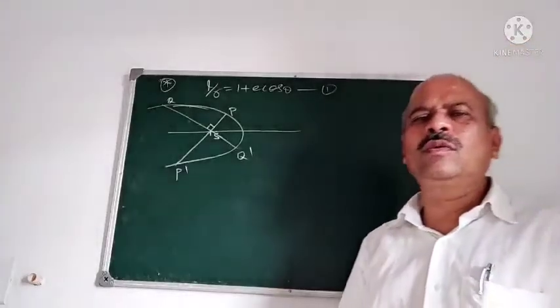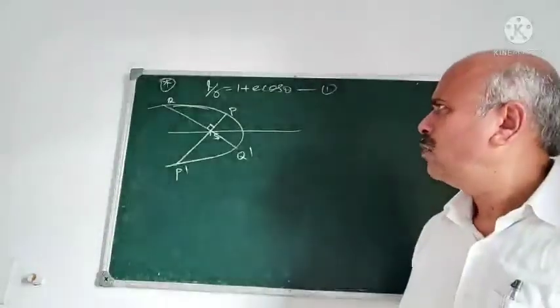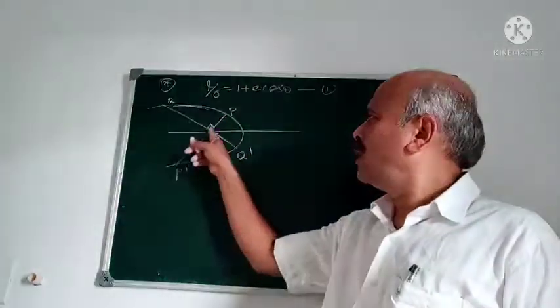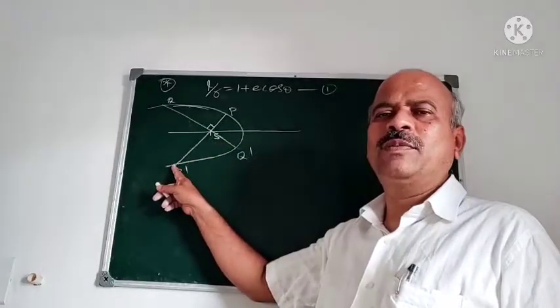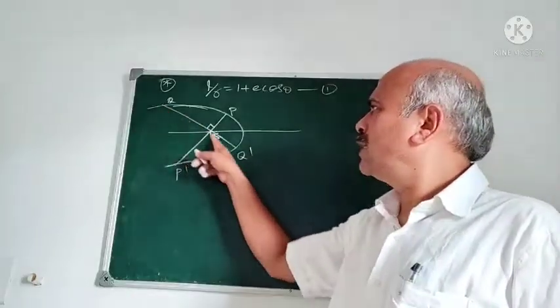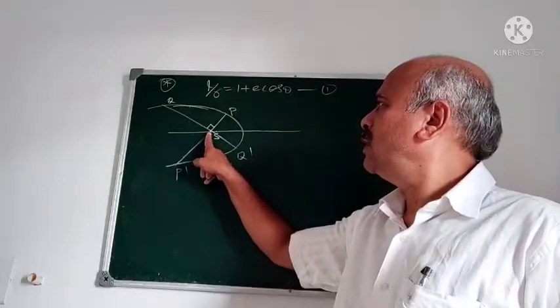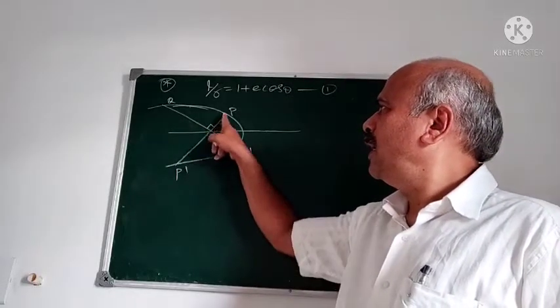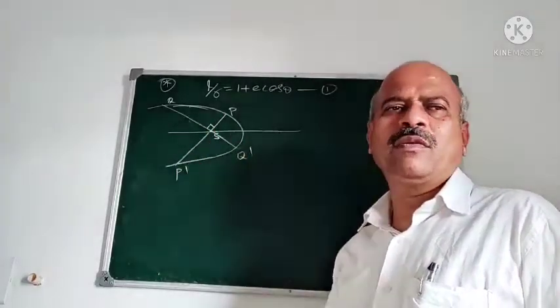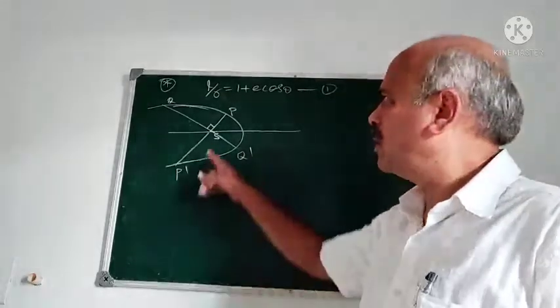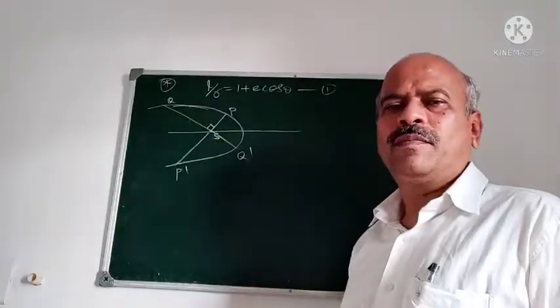You have to take two focal chords. What do you mean by a focal chord? A chord passing through the focus: one chord PSP dash, and a second chord passing through the focus, QSQ dash. But QSQ dash and PSP dash are perpendicular.